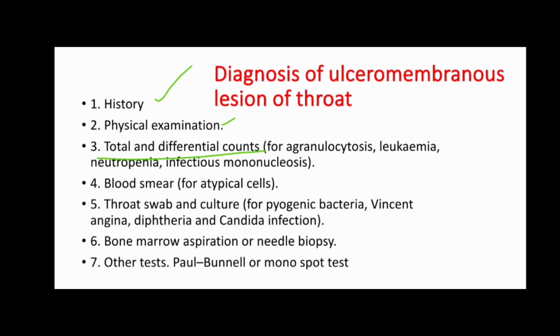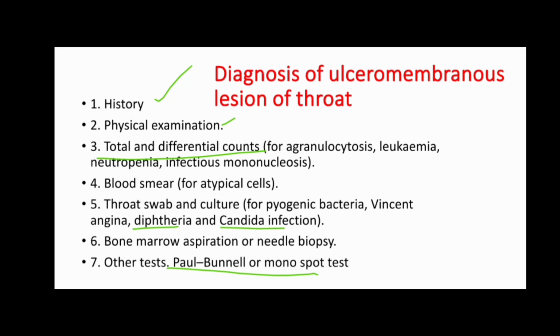Then only can we find whether it may be agranulocytosis, leukemia, infectious mononucleosis, or neutropenia. Take a blood smear for atypical cells and a throat swab and culture. Then only can we give the correct antibiotic to the patient in diphtheria cases, candida infection, and Vincent angina. Also take bone marrow aspiration or needle biopsy, and other tests like the monospot test to find other causes of the membrane over the tonsil.